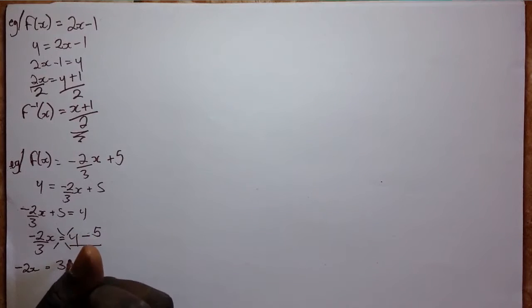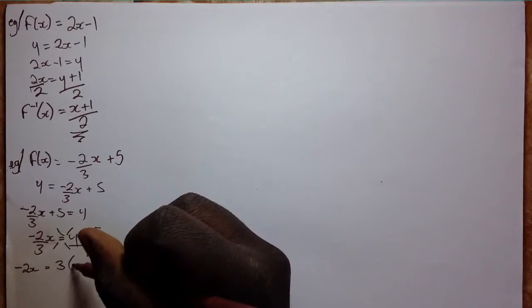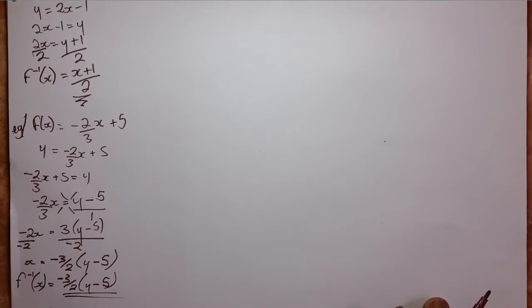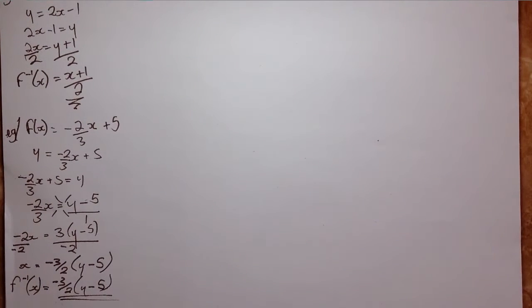Cross multiplying, we get minus 2x is equal to 3 in brackets, y minus 5. Now we can divide by negative 2 to find x on both sides, and we get x is equal to minus 3 over 2, times y minus 5. Replacing the notation, we finally get this. Now, if you want, you can always leave it as a proper fraction, but in this case, we'll just leave it as this.